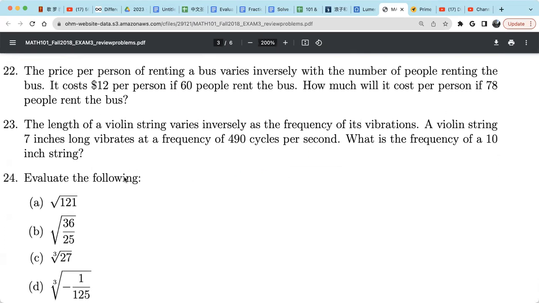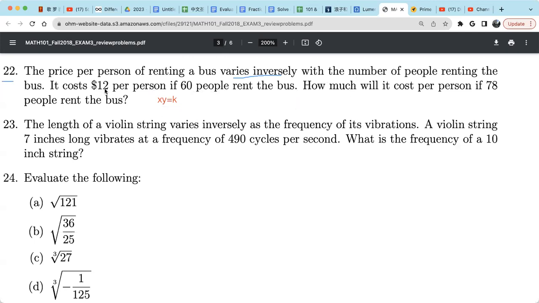Let's see, 22. So 22, saying the price per person of renting a bus varies inversely. We want to use the x times y equals k formula, with the number of people, right? So price is one variable, number of people is another variable.